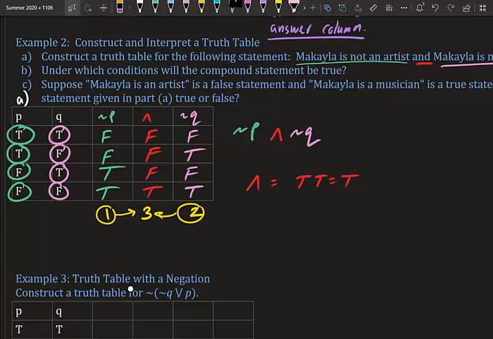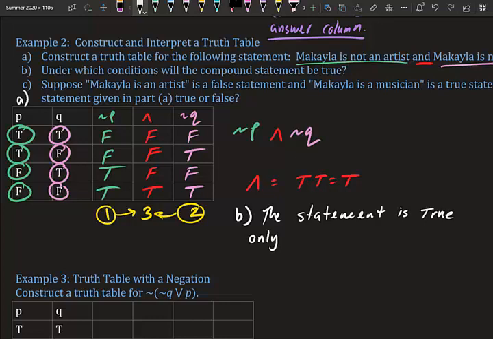We did our truth table. So under which conditions will the compound statement be true? So we need to look, so part B, when is the statement true? So the statement is true right here.